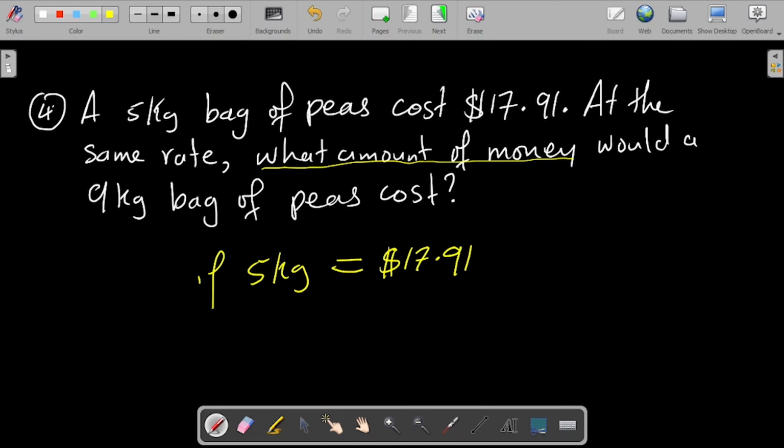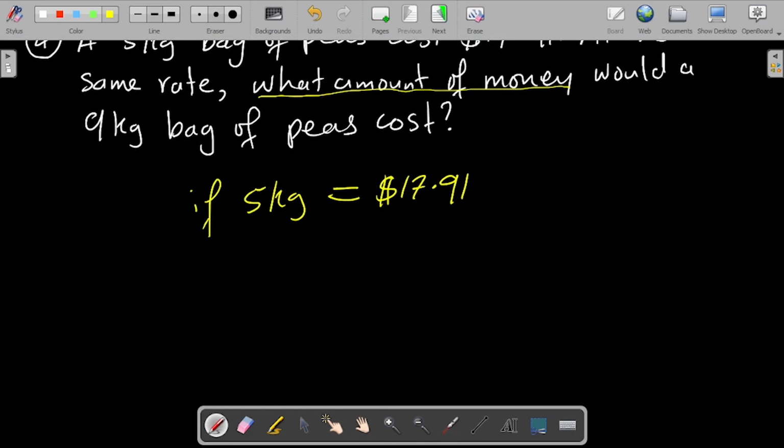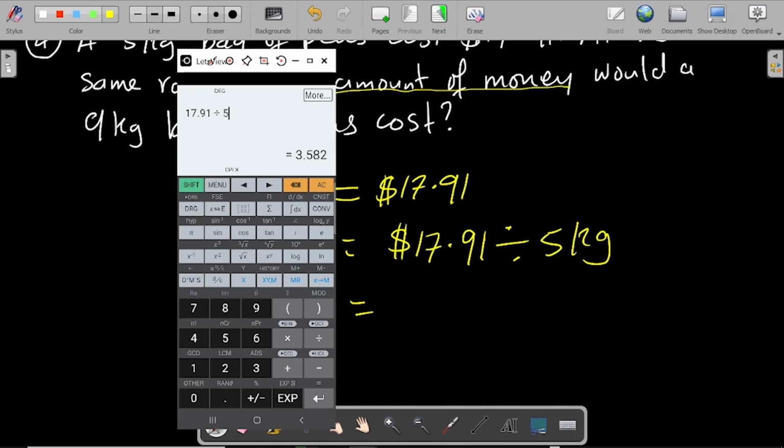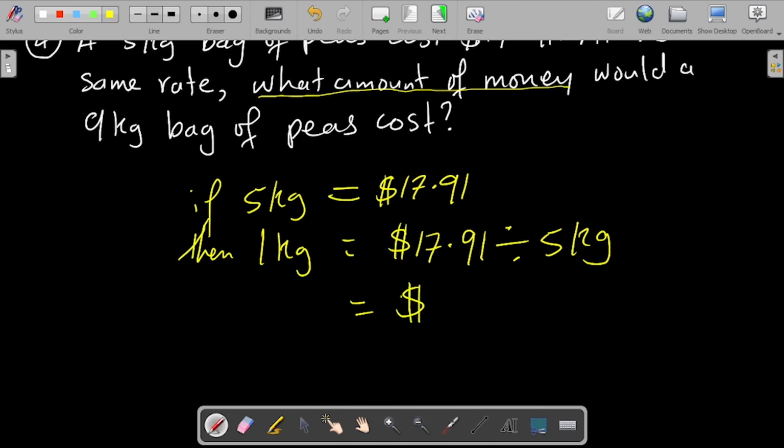$17.91. If 5 kilograms equals $17.91, then 1 kilogram would be equal to $17.91 divided by 5 kilograms. That gives us $3.58.